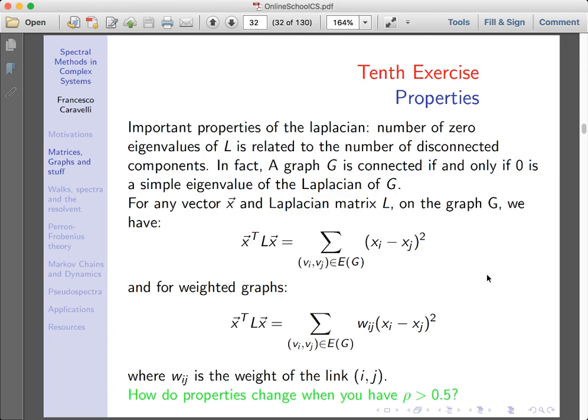This can also be generalized to weighted graphs. In particular, if the adjacency matrix, instead of being made of only 0s and 1s, is made also of elements wij, it's not hard to see that you can define the Laplacian via these elements wij, exactly like the second formula on this slide.